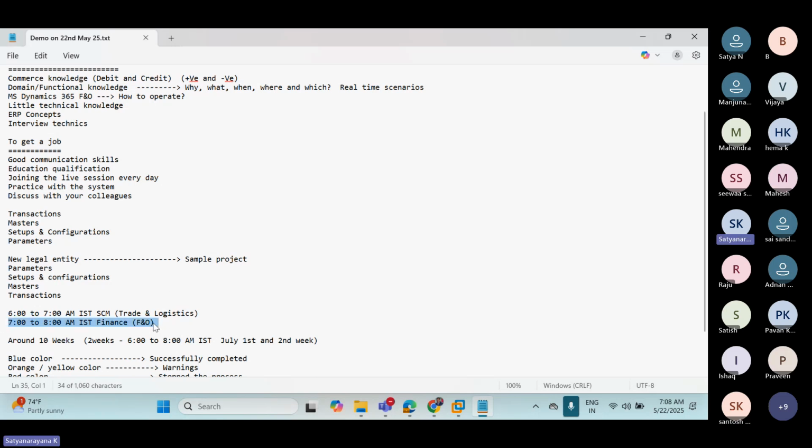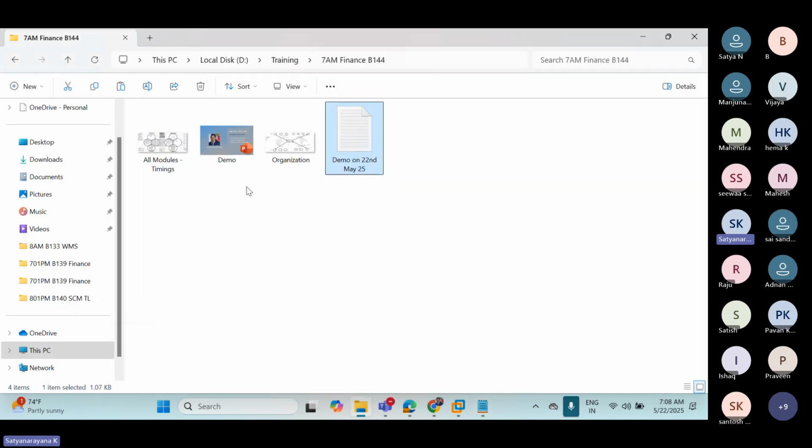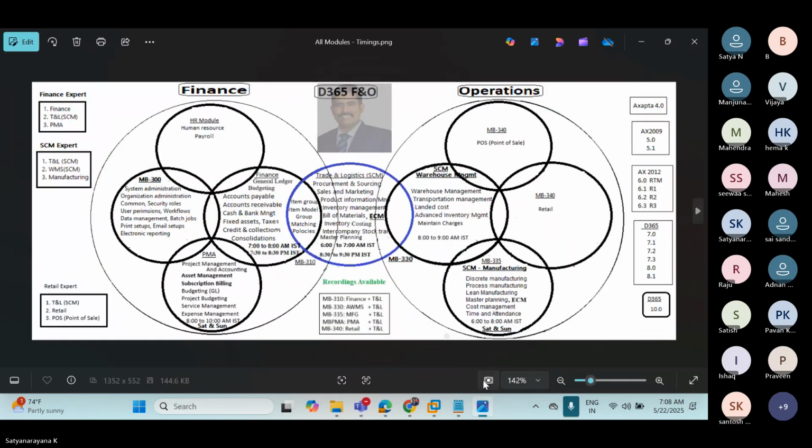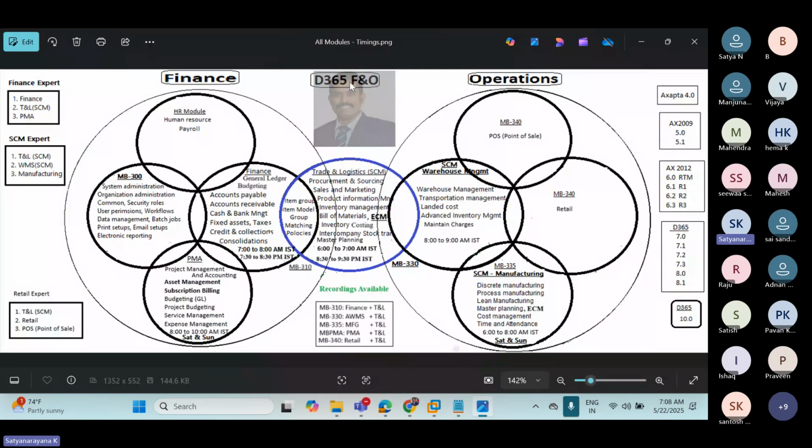Actually, people are pronouncing F&O, F&O. F&O is not the module name. Finance is the module name, but people are pronouncing F&O. I am also using that word, but F&O is the application name. D365 Finance and Operations is the application name.